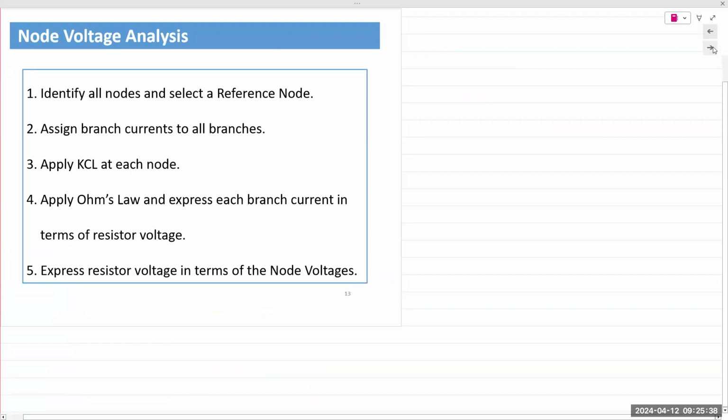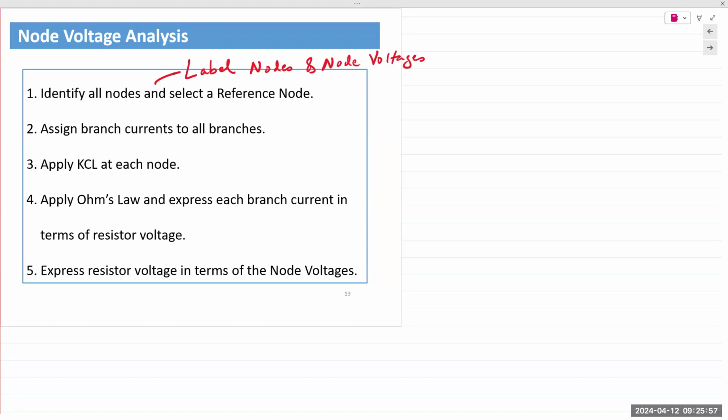So the first step is, of course, to identify all the nodes in the circuit, label all the node voltages. So I would add that here. Label all nodes and node voltages. Then you select a reference node.